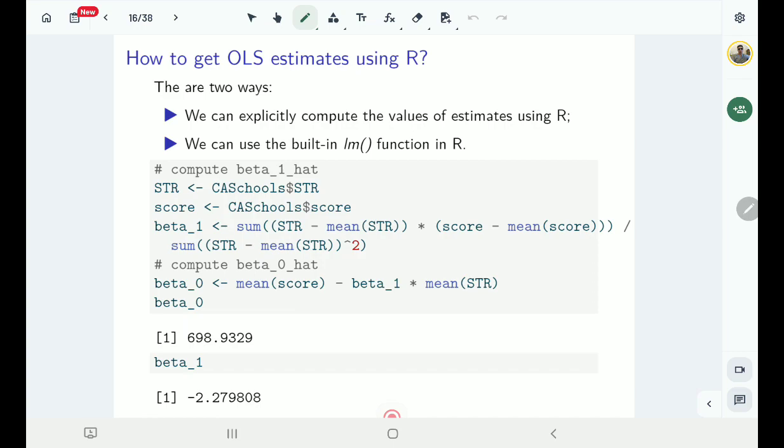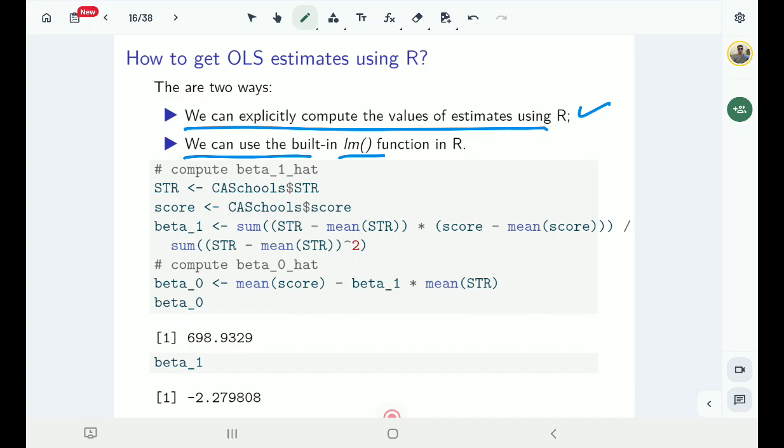How to get OLS estimates using R? We mentioned that there are two ways. One way is to explicitly compute the values of estimates using R, the hard way or brute force way. The second one is a built-in R function called the LM function, which easily and instantly estimates the coefficients for us.